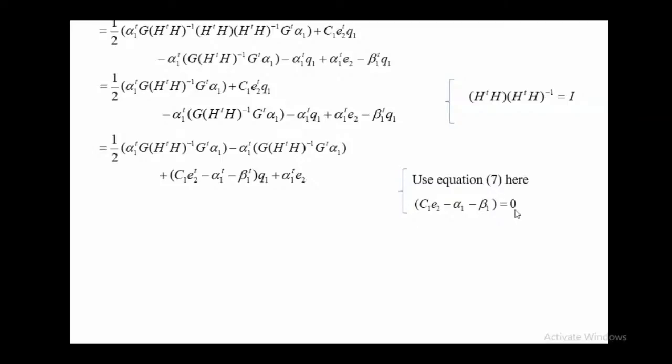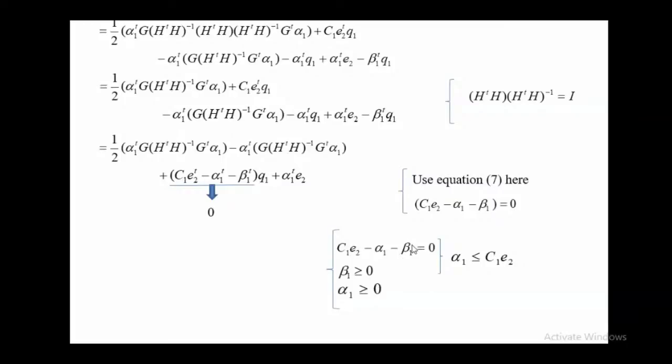And from C1 E2 minus alpha 1 minus beta 1 is equal to 0, and beta 1 being greater than or equal to 0, you can conclude that alpha 1 is less than or equal to C1 E2, because beta 1 is greater than 0. And you already know alpha 1 is greater than or equal to 0.